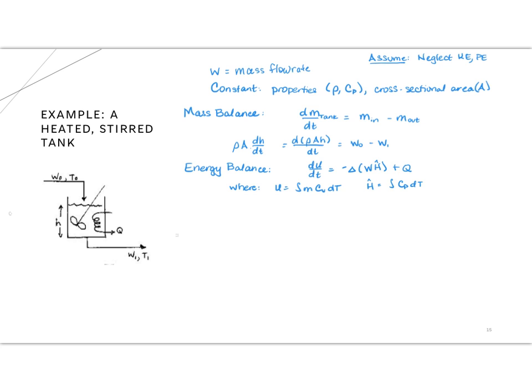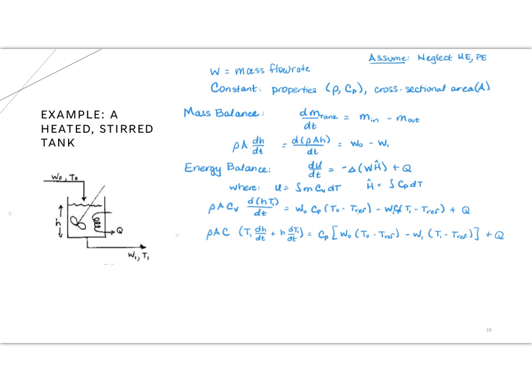It carries energy Cp times T naught minus Tref. And then minus what flows out, W1 Cp times T1 minus Tref. And then add in our heat transfer that we don't really know what it is. Now I can apply a product rule to this. So the derivative of H times T with respect to time is T times dH/dt plus H times dT/dt. All right, so that's pretty much my balance here.